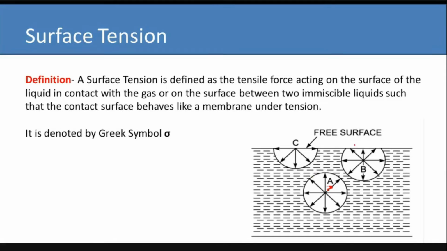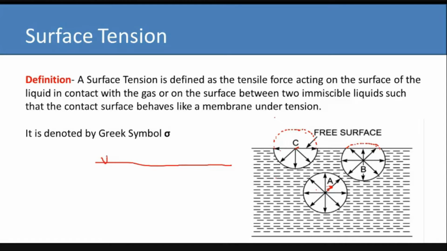This is molecule B. This molecule B is near the liquid surface, and a part of this molecule is in contact with the air. And the third case is case C. In case C, the molecule is on the liquid surface and it is equally in contact with the air molecules as well as liquid molecules.